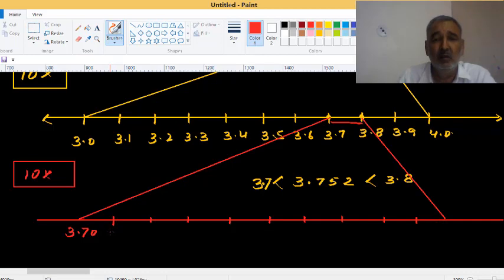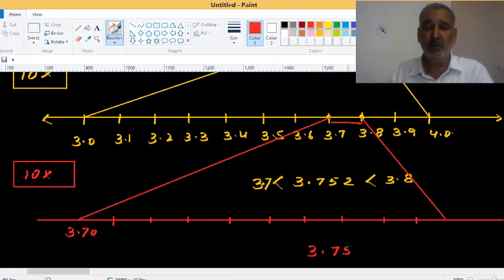3.71, and now your number will lie between 3.70 and 3.80. 3.752 is greater than 3.70 and less than 3.80. Here is your point, 3.80.